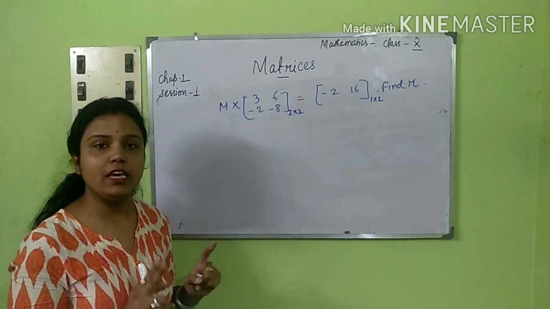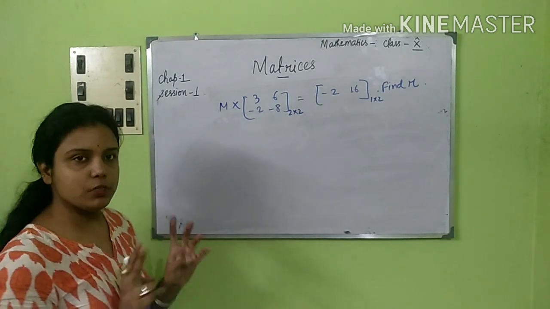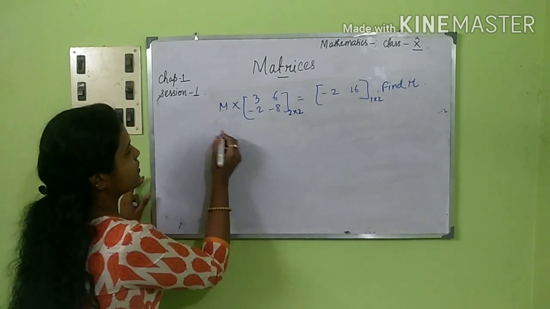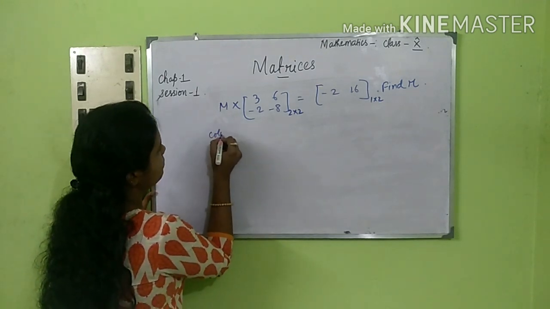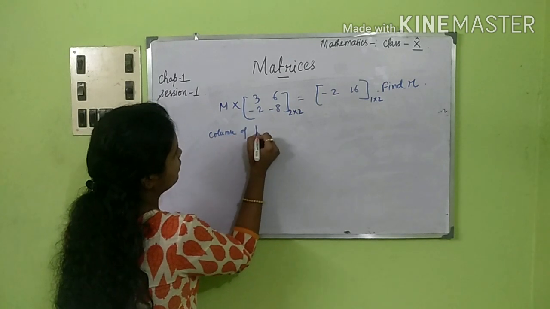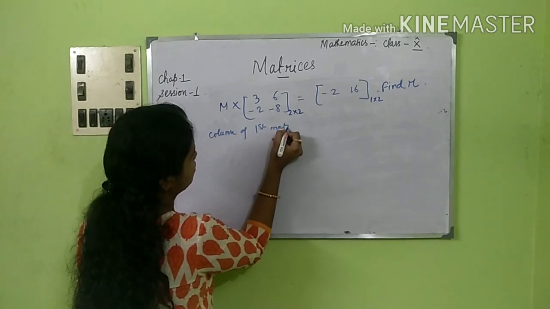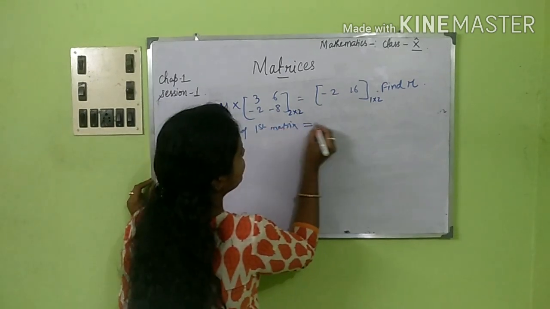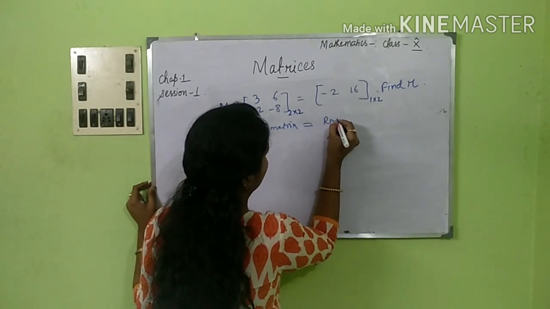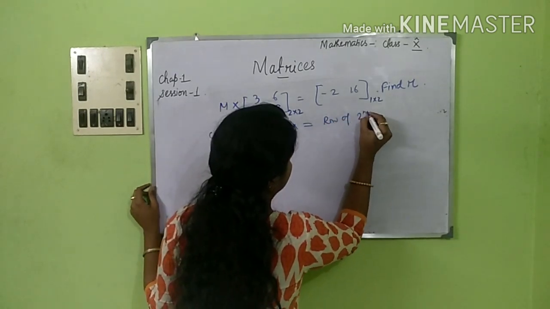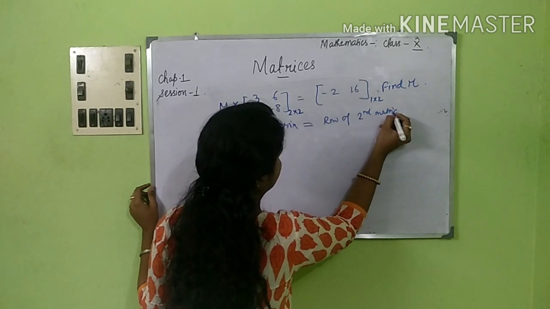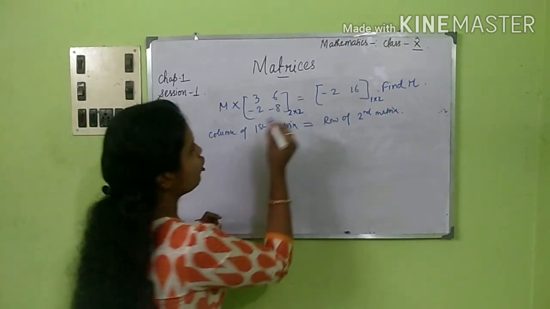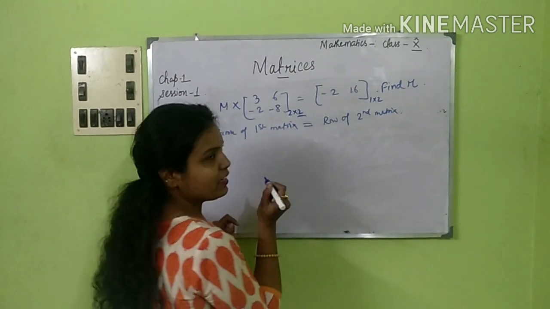Now, we already know the condition, that is, the column of the first matrix should be equal to the row of the second matrix, right? So the column of this is 2, right?